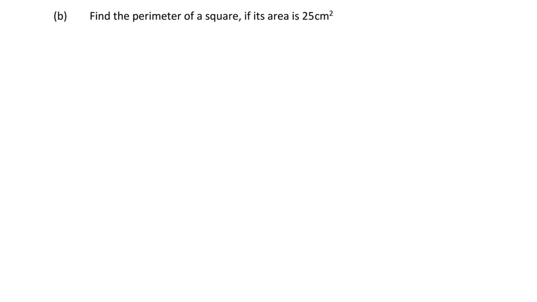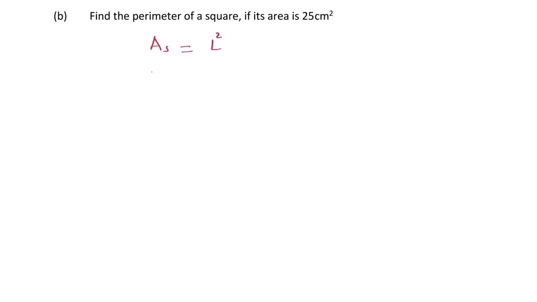For part B, find the perimeter of a square if its area is 25 centimeters squared. Okay, so to find the perimeter, first we are going to find the length of the square. Let us consider the following formula, which says area of a square equals length squared. Okay, so now let us substitute the value of the area.